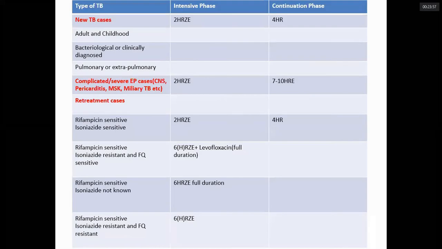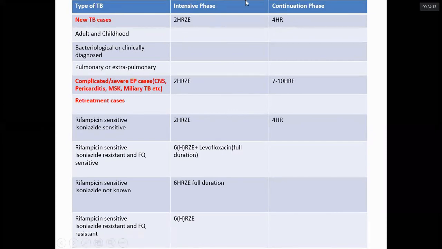Now to treatment. Treatment of skin tuberculosis is the same as that of other tuberculosis. You must have already studied it in medicine. The same guideline, which is formulated by the Nepal government, is the updated guideline of 2019.